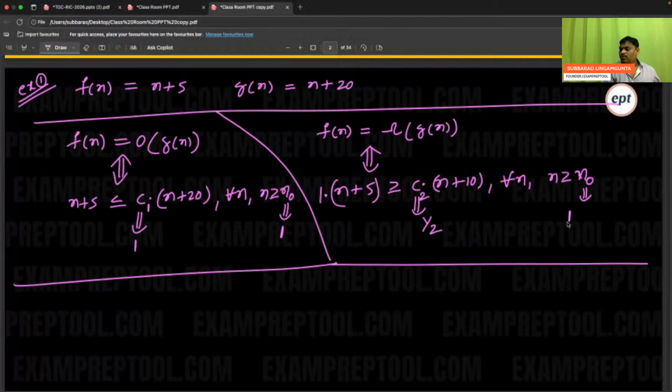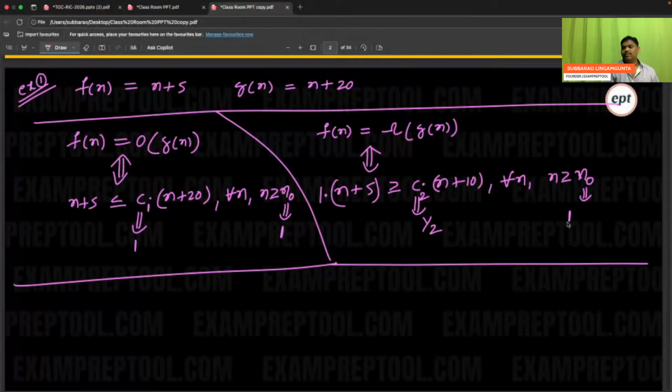For your confirmation purpose, n0 of 1 is done, 1 itself is working. If you want, you can check 2 also. If 1 is working, then definitely from 1 onwards everything will work. Small checking purpose. Let's take 2. N plus 5, 2 plus 5, 7 on the left. Right side is 2 plus 10, 12, 12 by 2, 6.